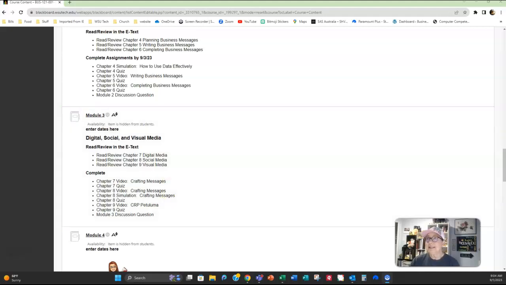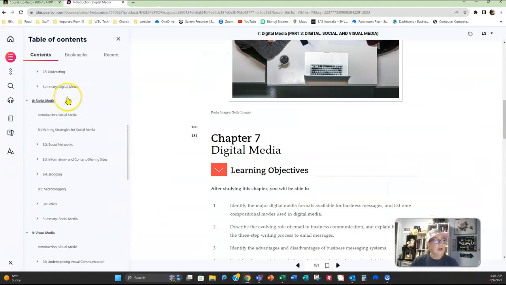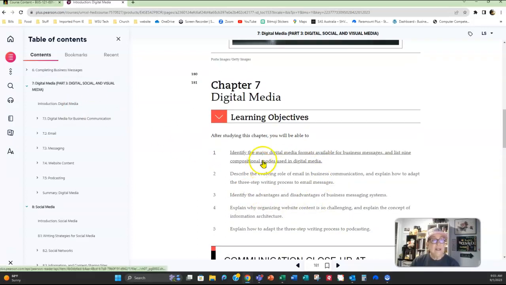Let's take a look at the textbook. So here in the textbook, we've got Chapter 7, which is our digital media here. And you can see you're going to be identifying major formats, talk about how digital media has evolved, and it has really blossomed, especially since 2020 when we were all on lockdown.